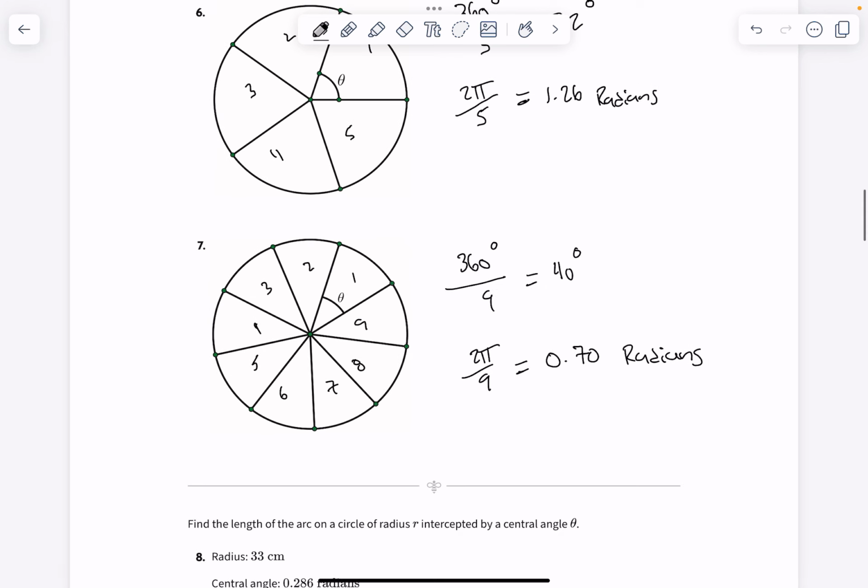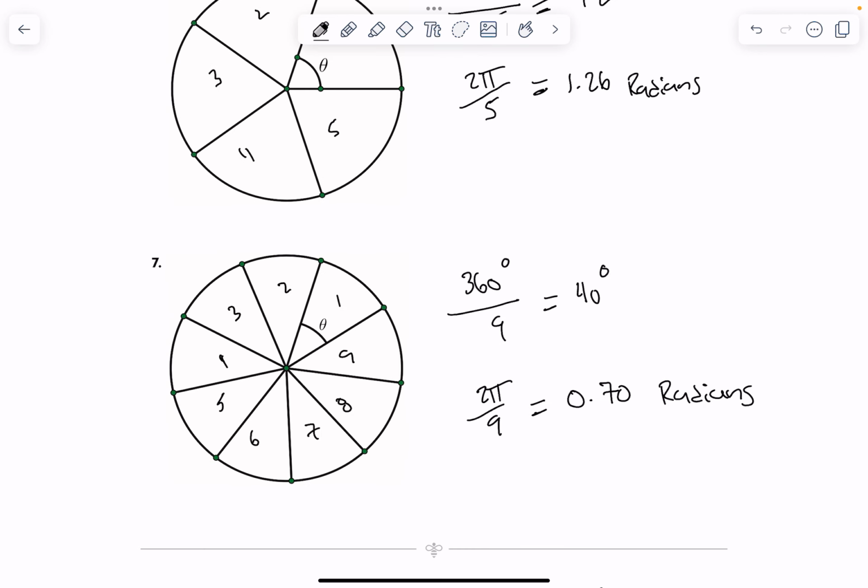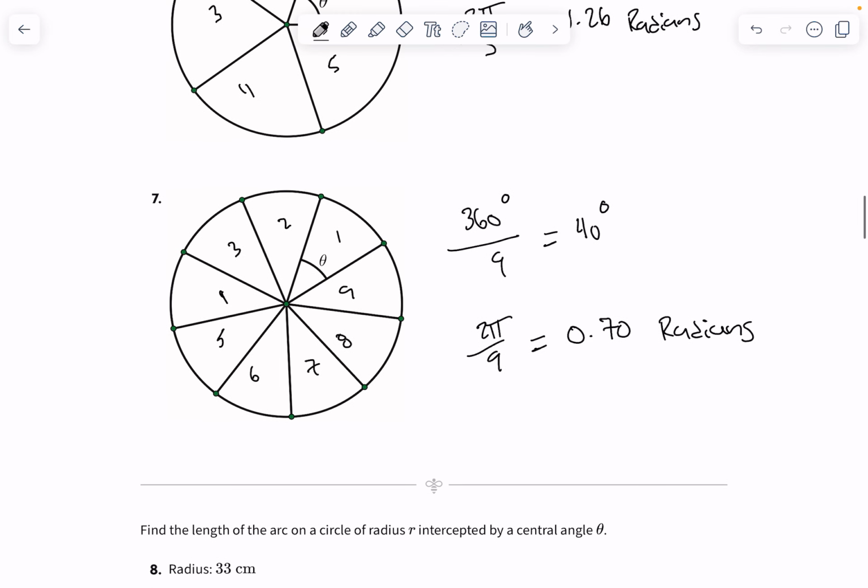Okay, I hope that makes some sense, right? Each of these is 40 degrees, because in total, they have to add up to 360 degrees. So these are all equivalent, so they must each be the exact same angle, okay?